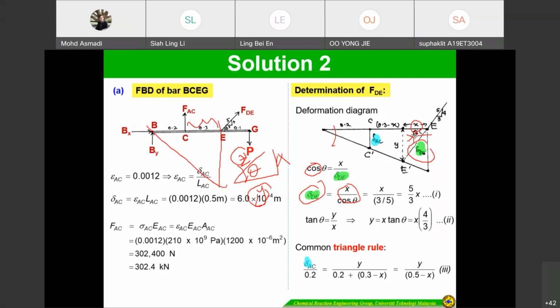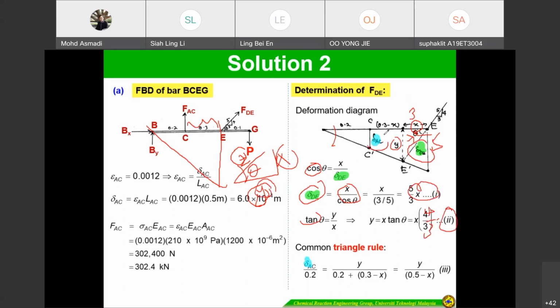So this one is 3, this one is 5. And then we can get our first equation. Tan is x divided by y, meaning y divided by x. So this one is 4 divided by 3, equation number 2.